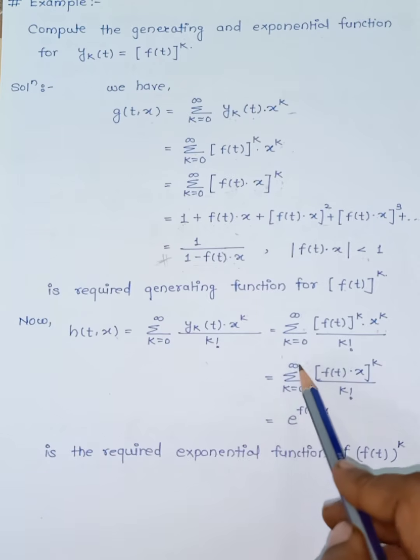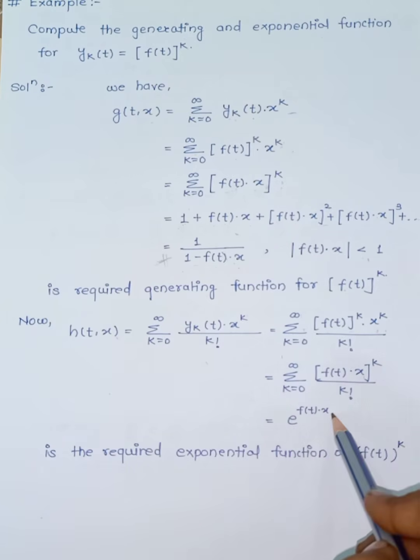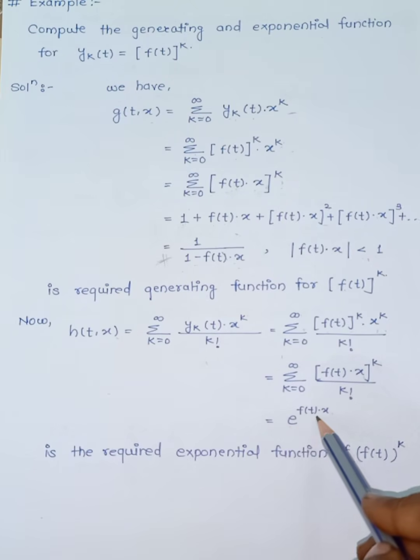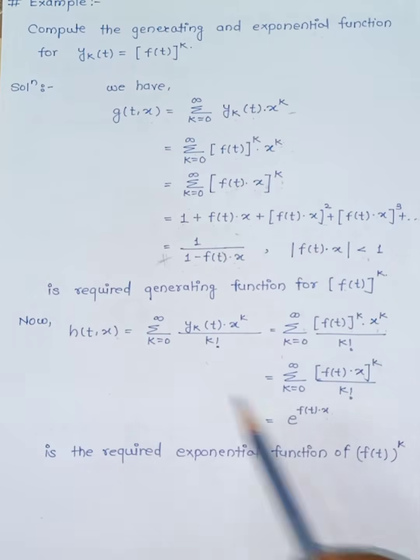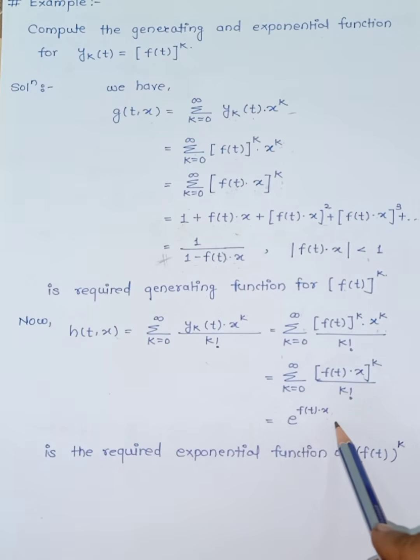Summation from k equals 0 to infinity f of t into x to the power k upon k factorial, and this is the series for e to the power f of t into x. Okay, so the value of h of t x is e to the power f of t into x.